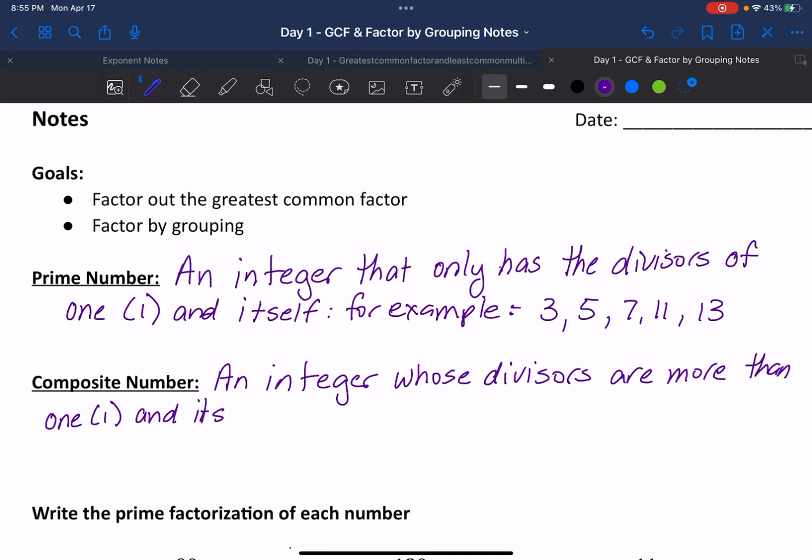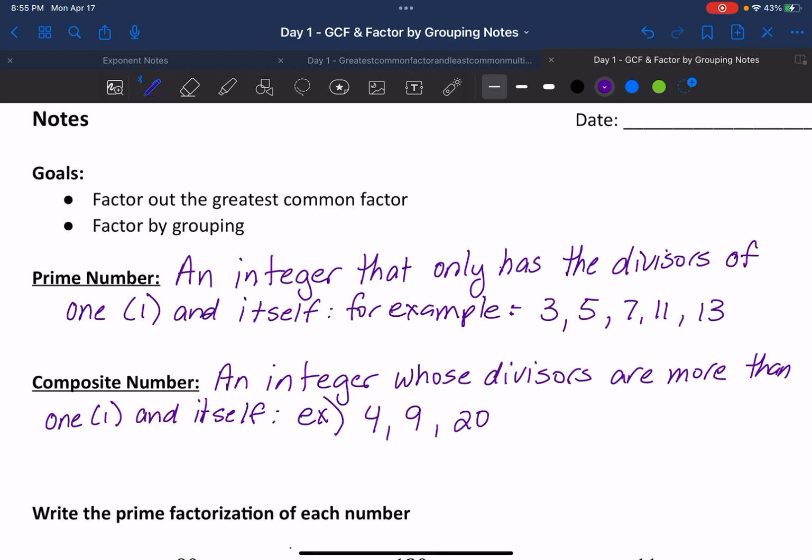So basically, all the other numbers that you see. For example, 4. Well, that's 1 times 4, but also 2 times 2 makes 4. 9 is another one. 1 times 9, but also 3 times 3.